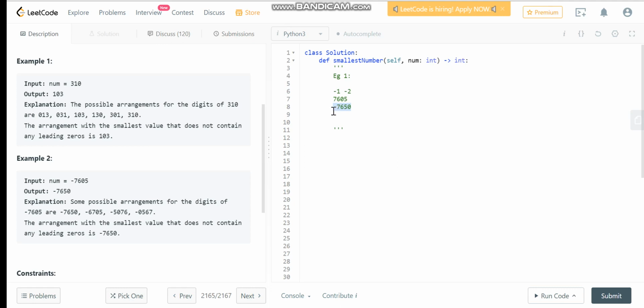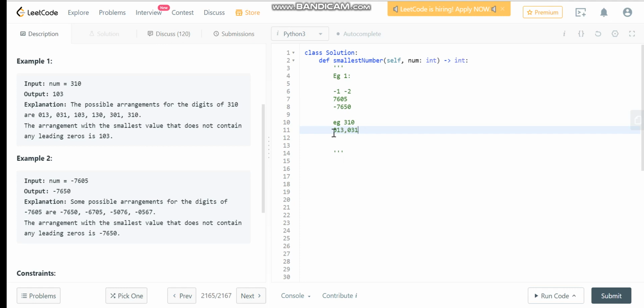Now let's take the example of a positive number. In case of a positive number, the number is say 310, and in this, let's have all the possible combinations. If we start with digit 0, then you can have either 013 or 031.